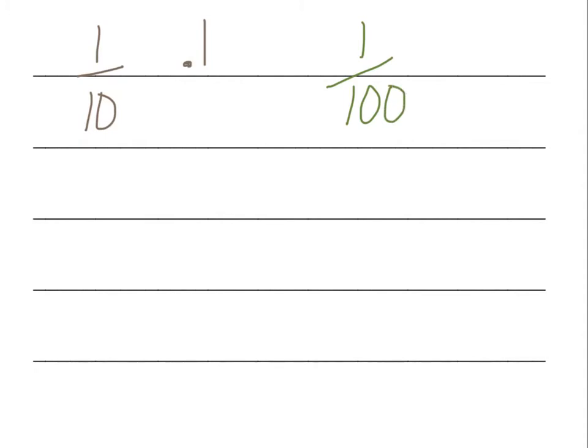Our decimal is going to look a little different. Here is my decimal point, the tenths place, and then the hundredths place. So you have to understand that the 0 is extremely important to show that we are in the hundredths place.